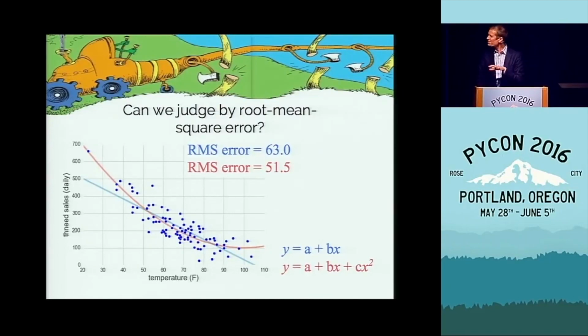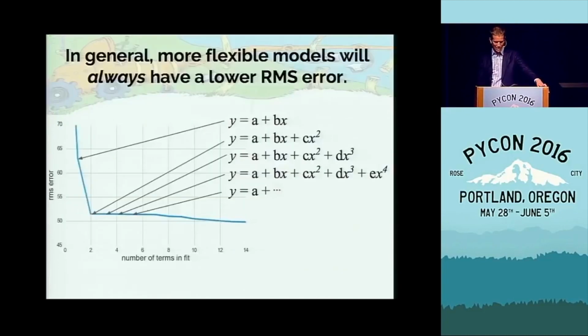But this is something you have to be careful about. The red model is more complicated, and a more complicated model will nearly always fit the data better. Right? If instead of a linear model or a quadratic model we do a cubic or a quartic or an even higher model, as we add more terms to that equation, the RMS error gets better and better and better forever, basically, until we have as many terms as we have data points, and then you're fitting the data perfectly.